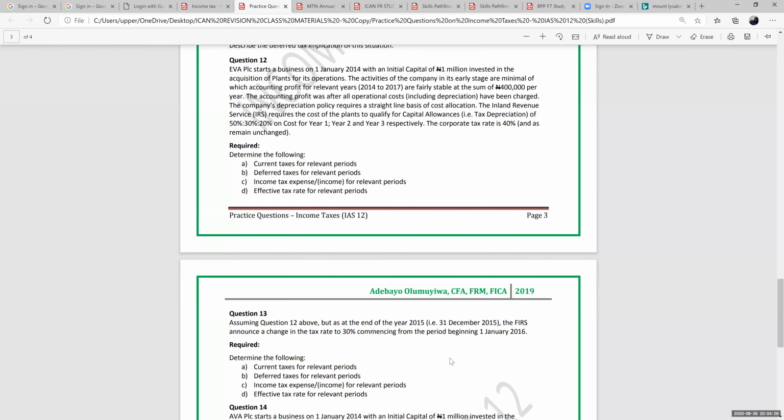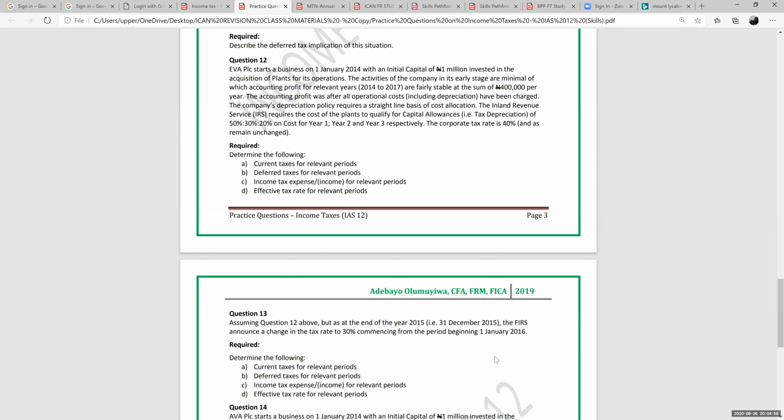Assuming question 12 above, but as at the end of the year 2015, that is 31st December 2015, the FRS announced a change in the tax rate to 30%, commencing from the period beginning 1st of January 2016.